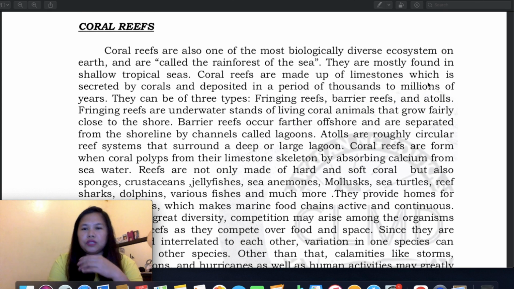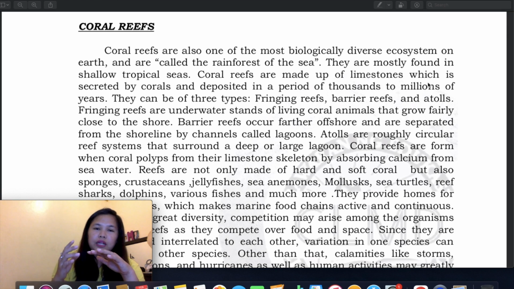So marami din siyang variety of fishes na nanirahan dyan sa ecosystem na yan. So, this coral reefs is also called the rainforest of the sea. Kung meron tayong rainforest sa land, that is a tropical rainforest, meron din tayo sa ilalim ng dagat, the rainforest of the sea is the coral reefs.